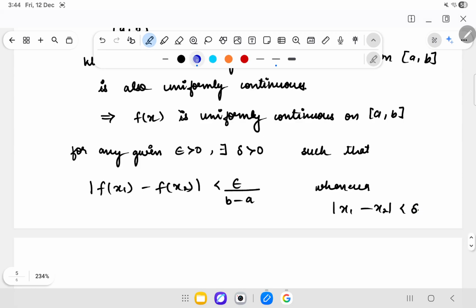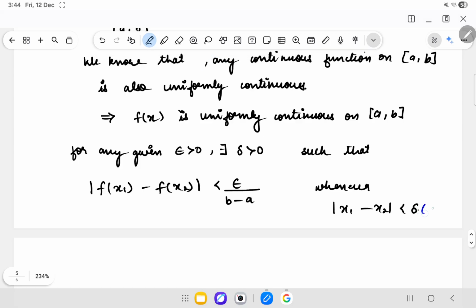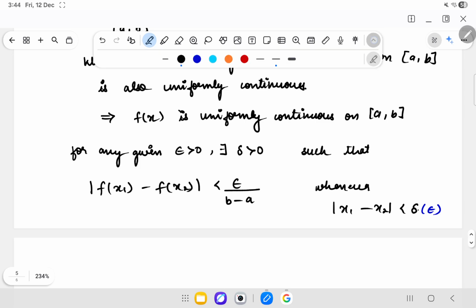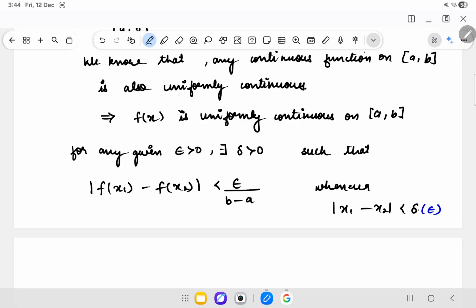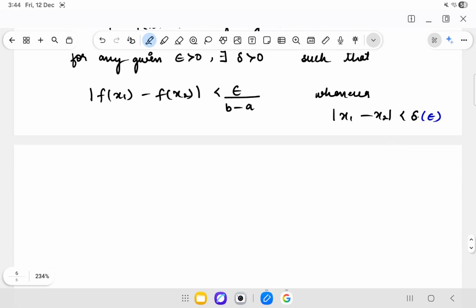And since it is uniformly continuous, this delta depends upon epsilon only, not on the point x. This delta uniformly works for all points in the interval [a, b]. This is basically the definition of uniform continuity.